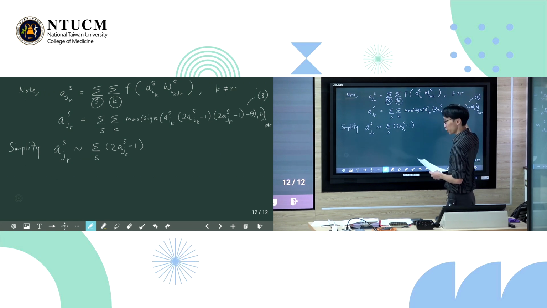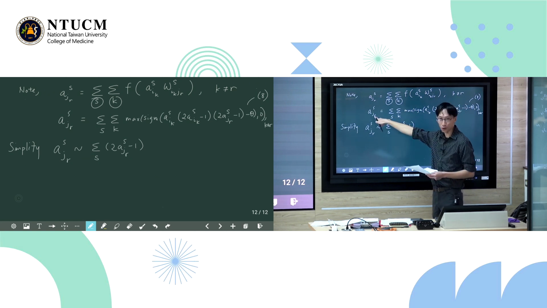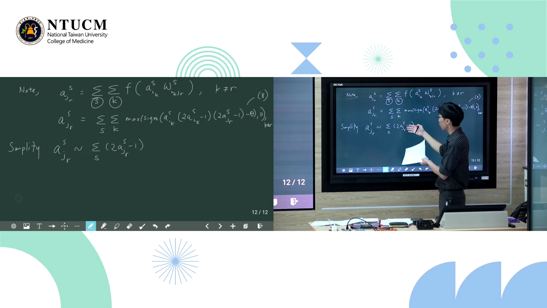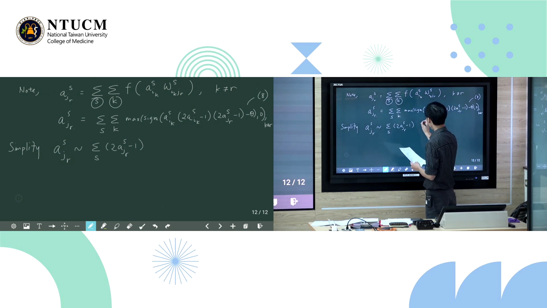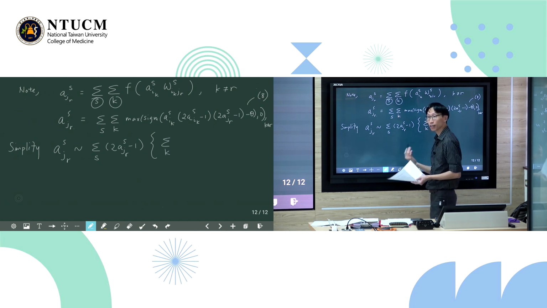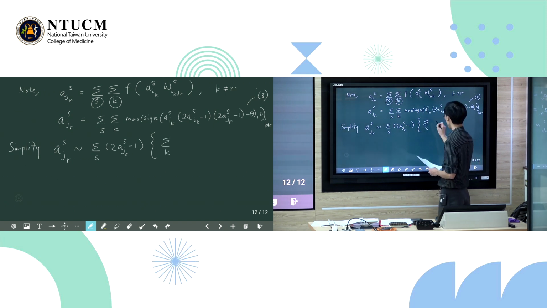The 2aj part is constant for a given aj. So you can take it out, and then you put it there. And then you can separate it, reorganize things. The part that depends on the kth node is this part.